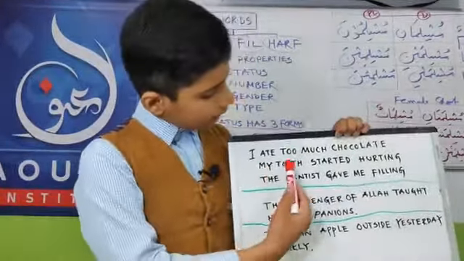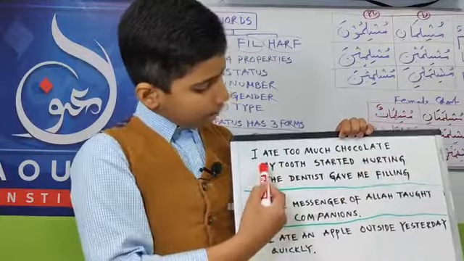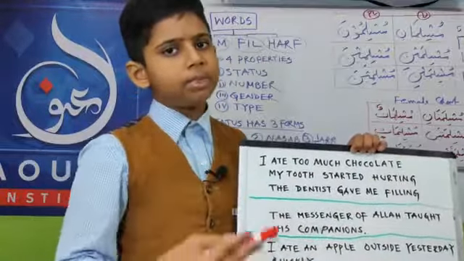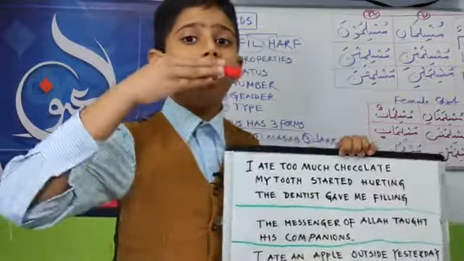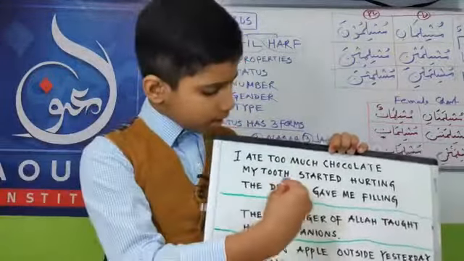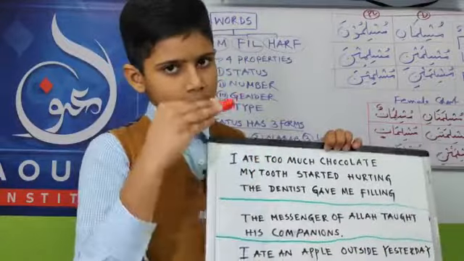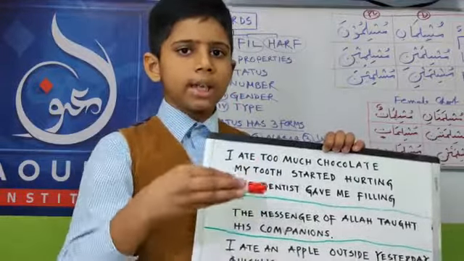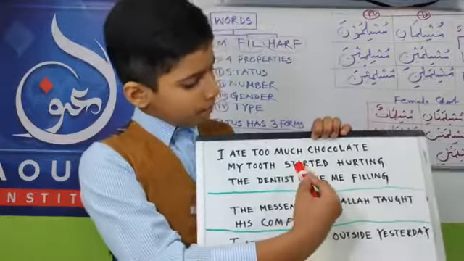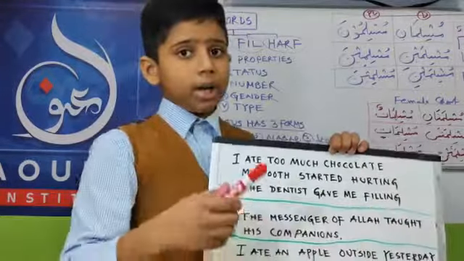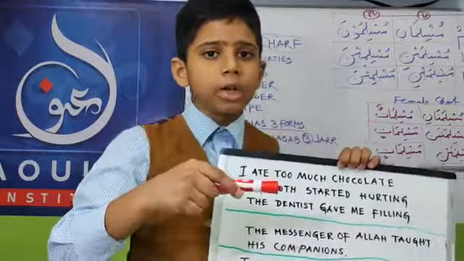Then we have my tooth started hurting. My is nothing. I'm just sitting, and the tooth is the one doing all of the act. So the tooth is the doer, even though it doesn't have a life. The tooth started hurting, and what happened to your tooth? It started hurting.